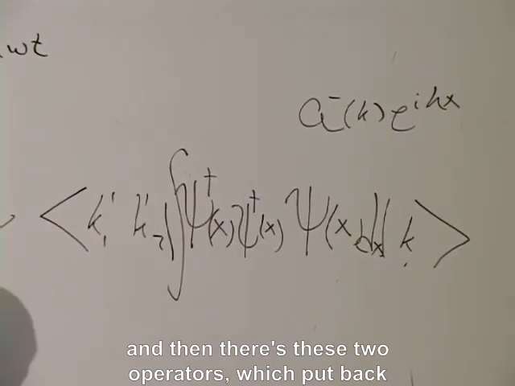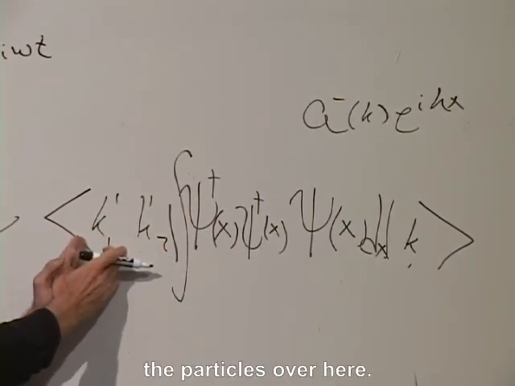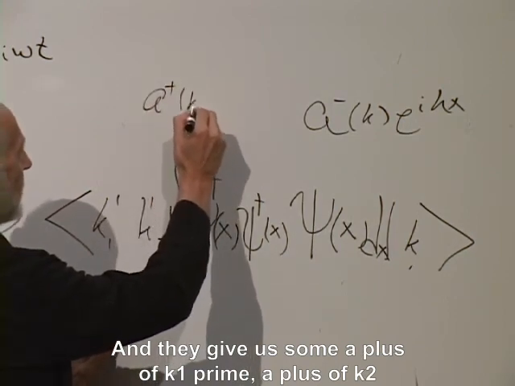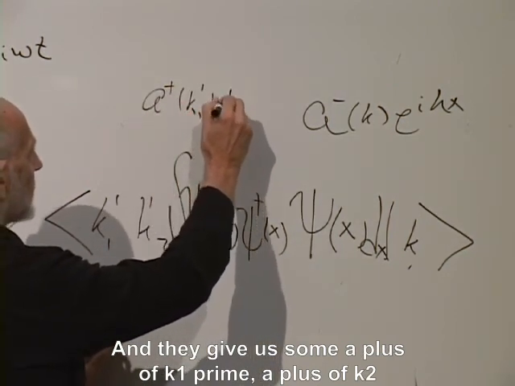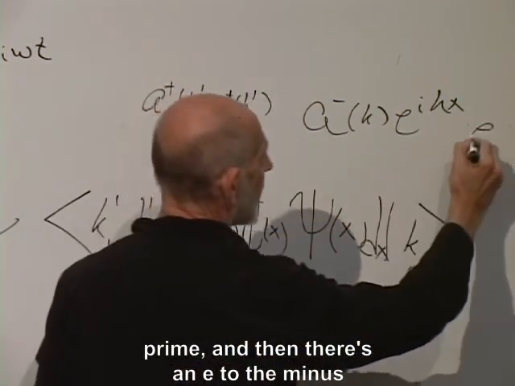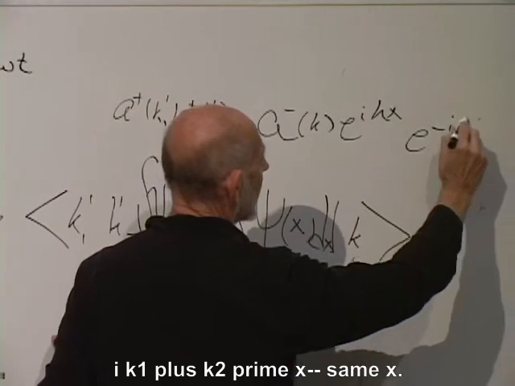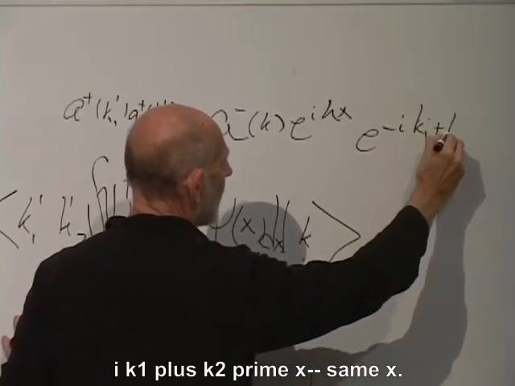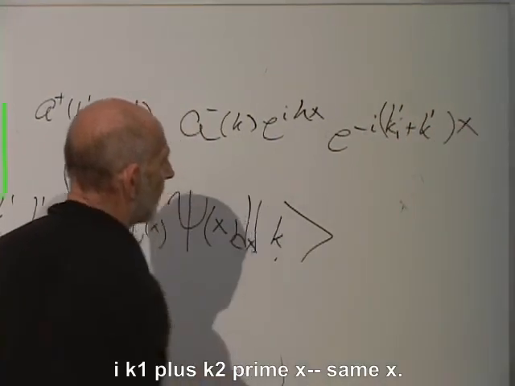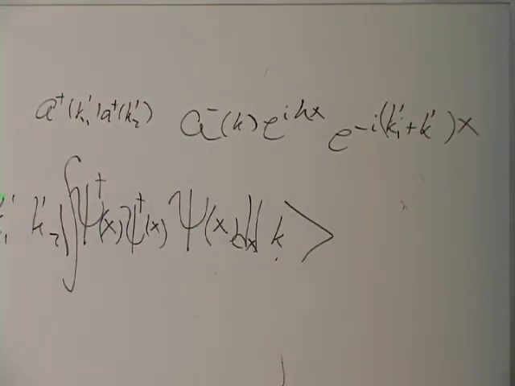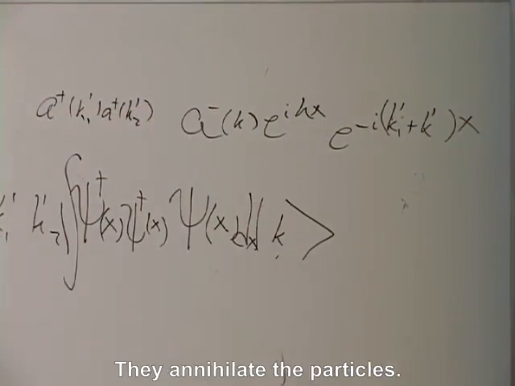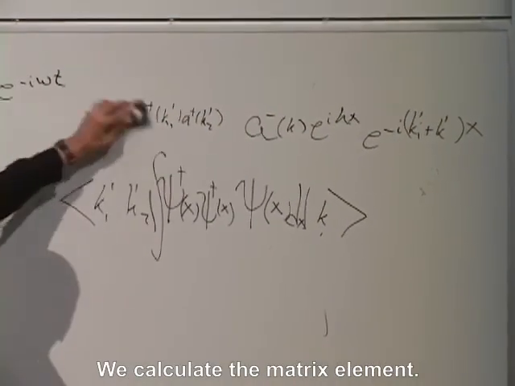And then there's these two operators which put back the particles over here, and they give us some a plus of k1 prime, a plus of k2 prime, and then there's an e to the minus i (k1 prime plus k2 prime) x, same x.